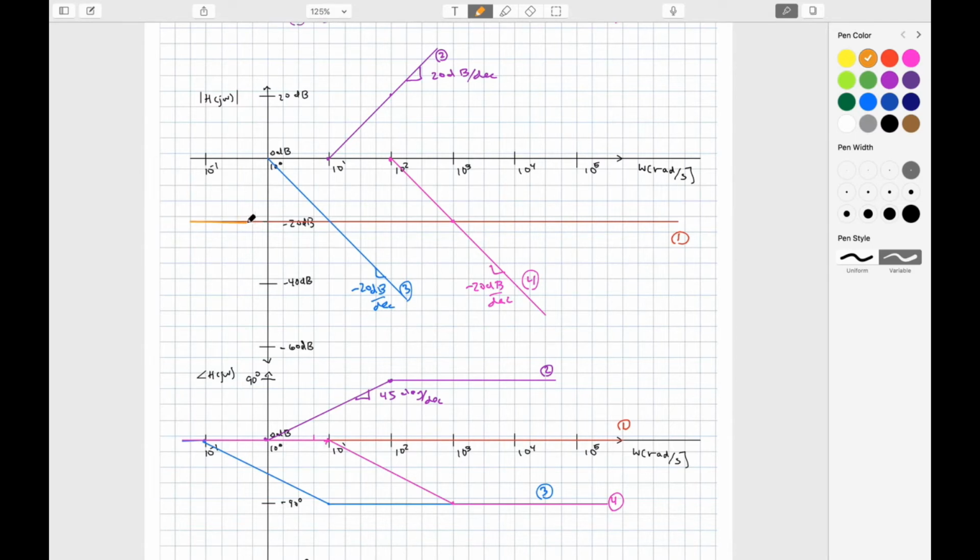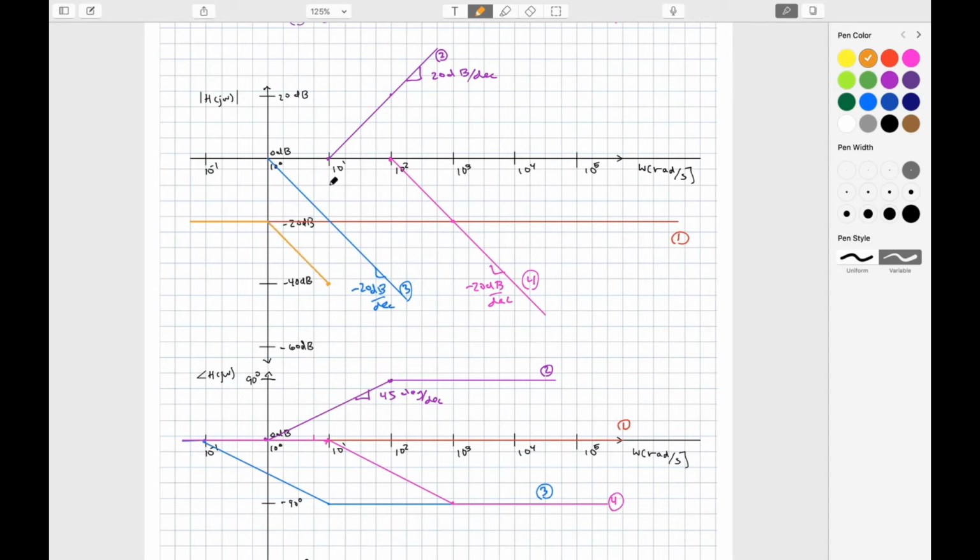So I'm going to do this, and this is true up until the frequency value 10 to the 0. At 10 to the 0, now I have a contribution from this pole, and so I should start going down at negative 20 dB per decade. So let's do that just for 1 decade, because that's what's going on at that point. All right, so let me highlight that here.